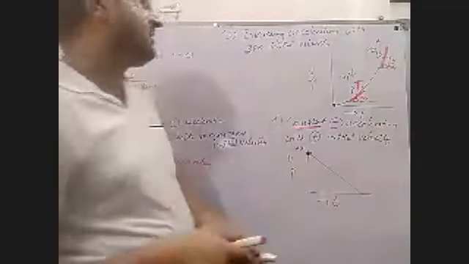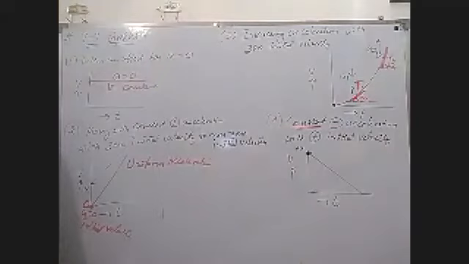Okay. This is the graph which shows the constant negative acceleration with positive initial velocity. Okay. In this way, you can take all the graphs.